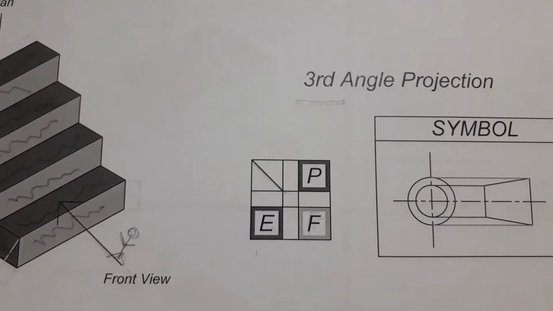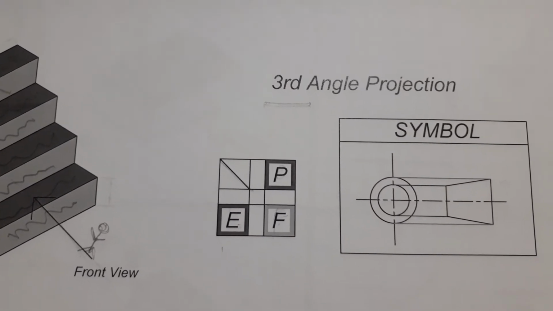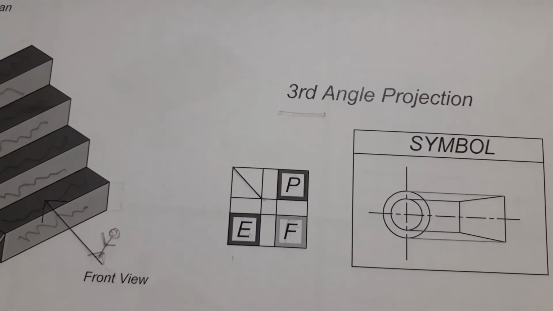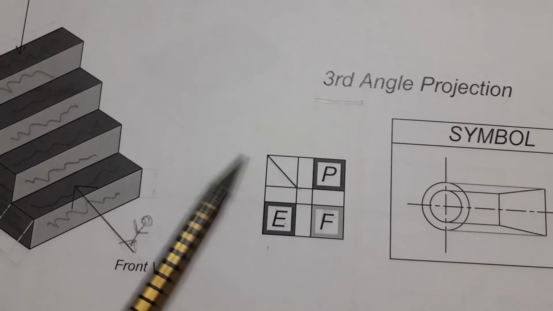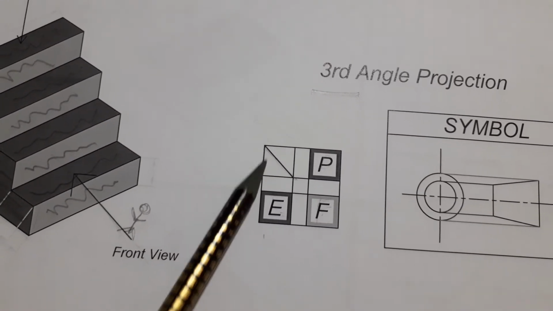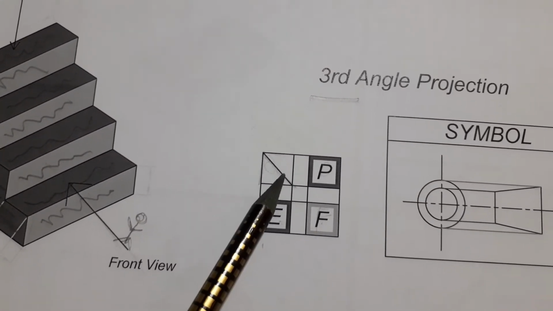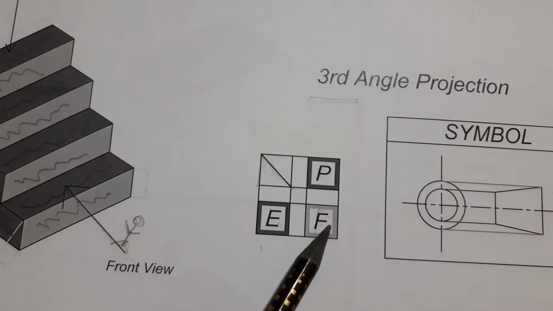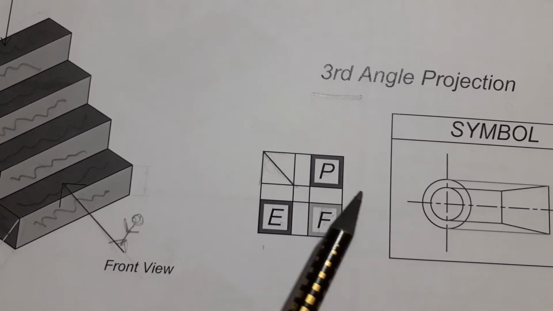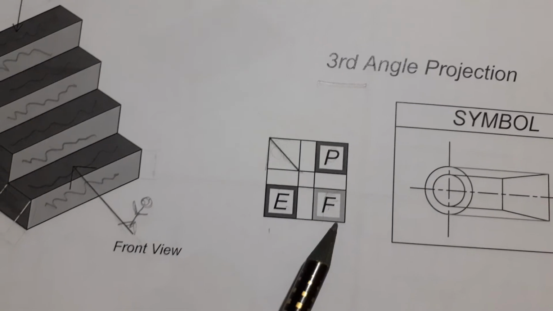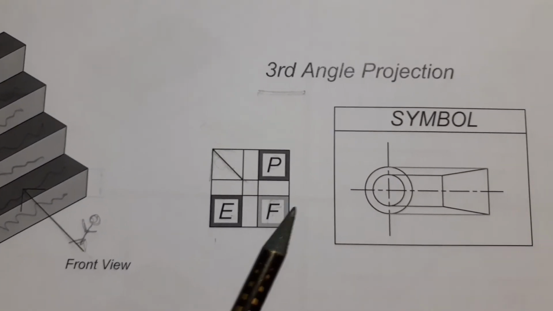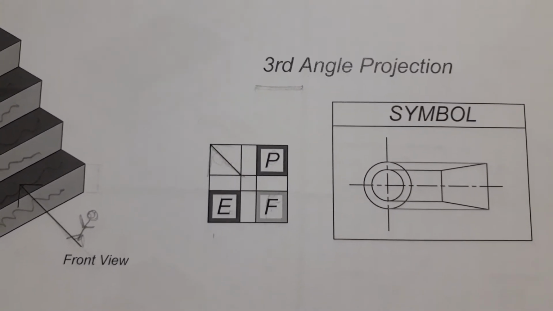Same views, same dimensions, same everything. The only thing that changes is the position. For example, if in first angle we had the front over here, now it's going to be over here. That is it. The views will remain the same and the dimensions will remain the same.